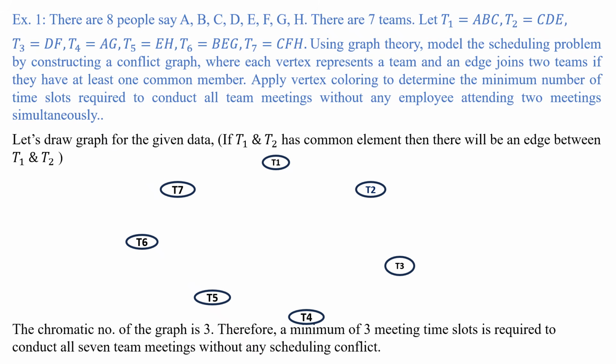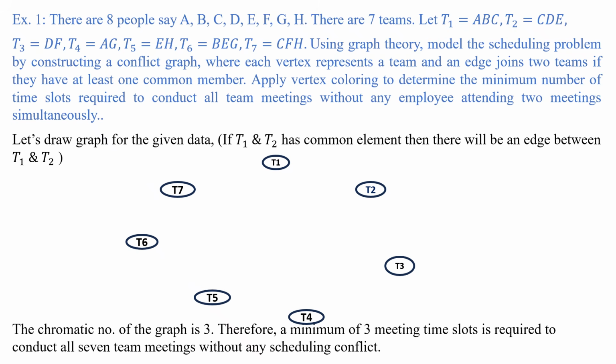Team 1 consists of members A, B, and C. T2: C, D, E. T3: D, F. T4: A, G. T5: E, H. T6: B, E, G. T7: C, F, H. So by using graph theory, we need to model the graph where the vertex is considered as the team and the edge will be when the two teams have a common member.